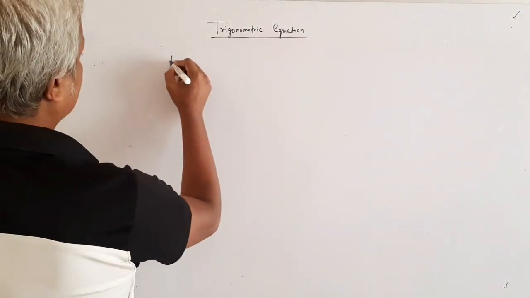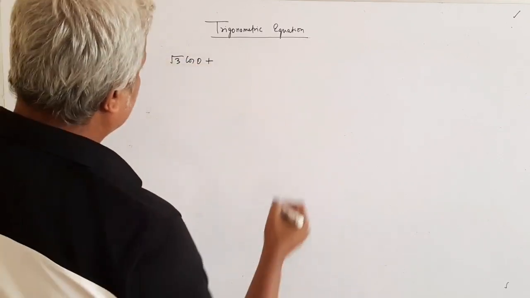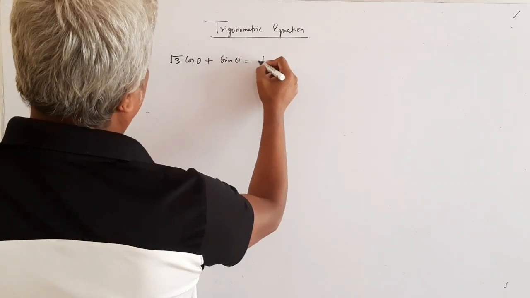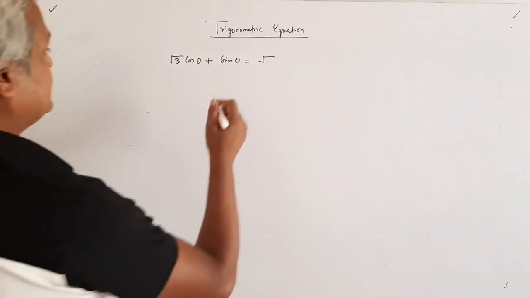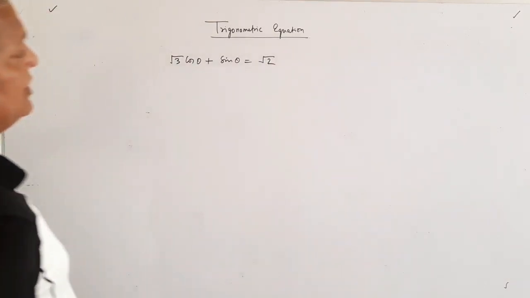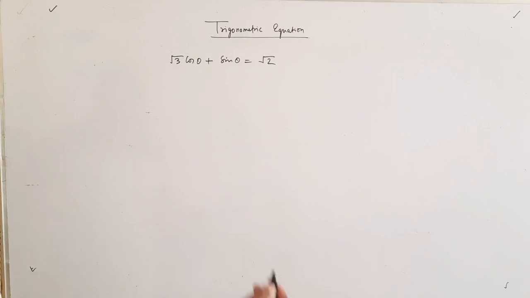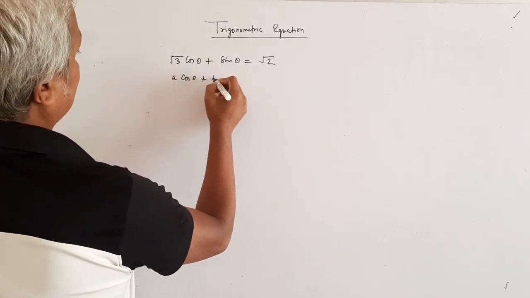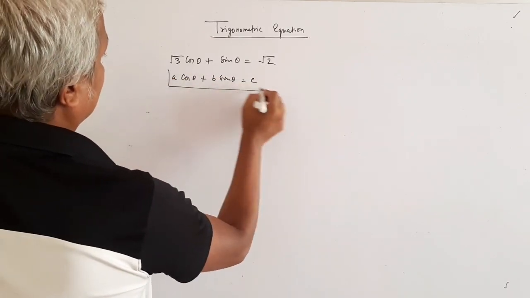Now we have another equation, that is root 3 cos theta plus sine theta is root 2. How to solve this equation? This equation goes in the form of the previous equation which I just discussed, that was a cos theta plus b sin theta equals c.